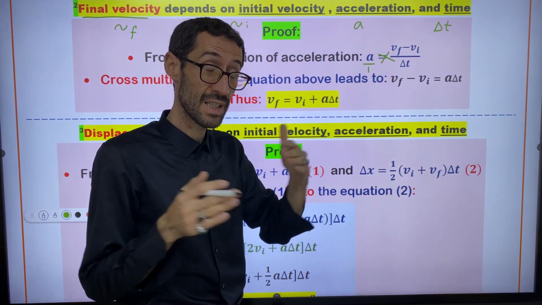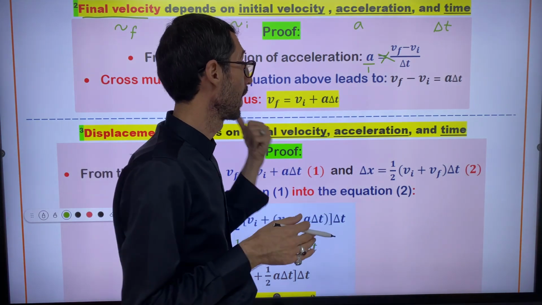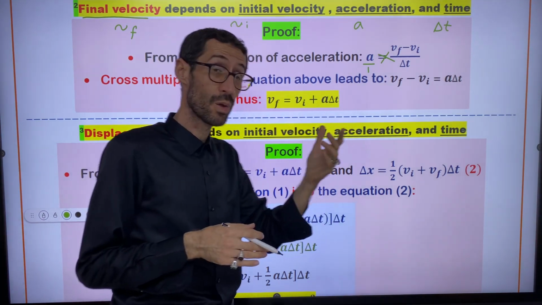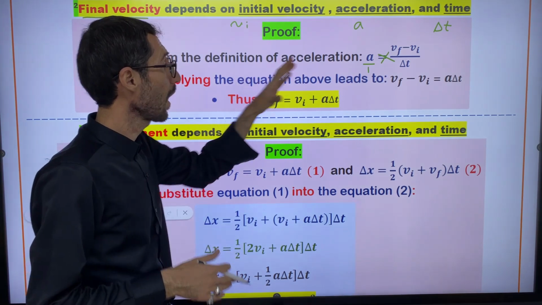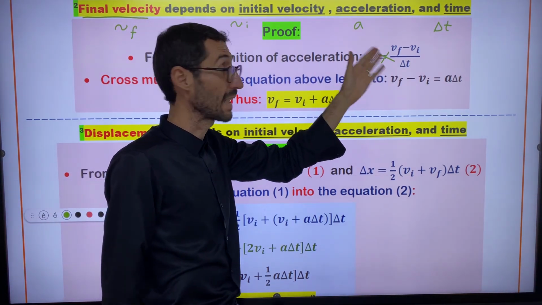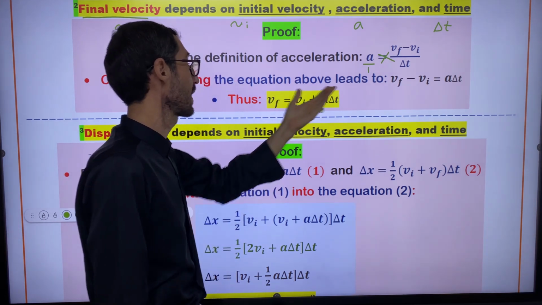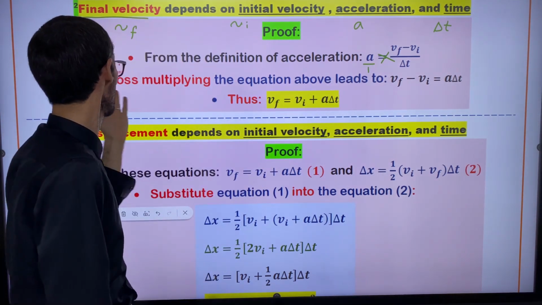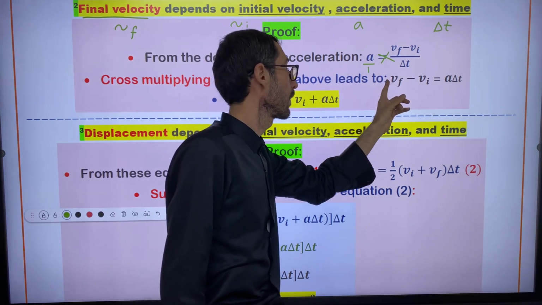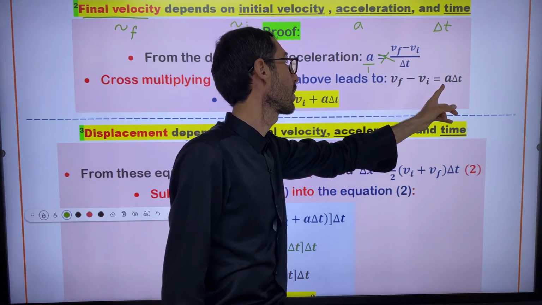After cross multiplying the fraction, you get this form, right? V final minus V initial is equal to A delta T.